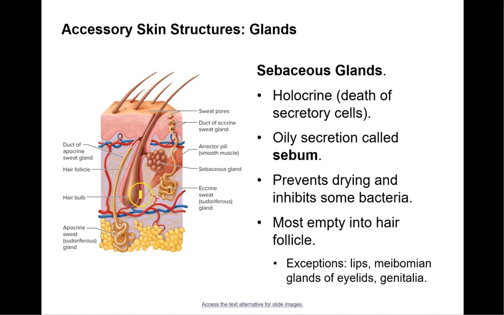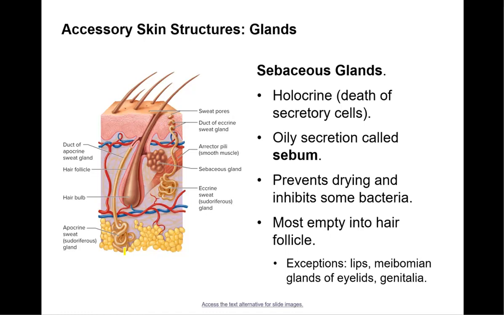There are 2 types of sweat glands. There's the apocrine sweat gland, which you can see the bulk of that sweat gland is down in the hypodermis. Apocrine sweat glands are also a type of sudoriferous gland.